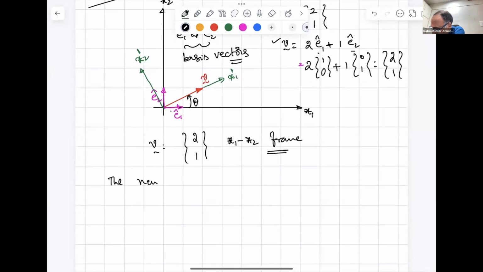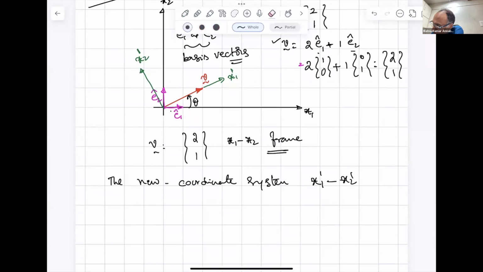The new coordinate system is with respect to x1 dash, x2 dash. Along with x1 dash, x2 dash, let me define new basis vectors along that new frame of reference. Let us say I am using blue color.